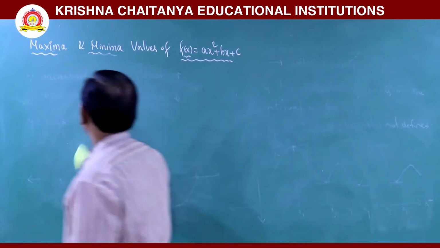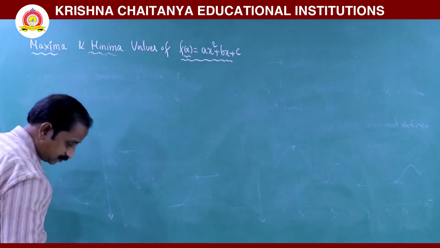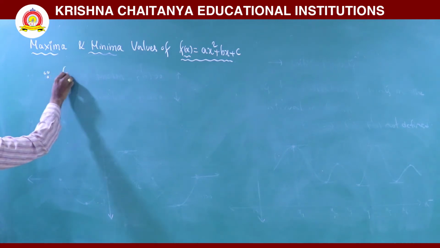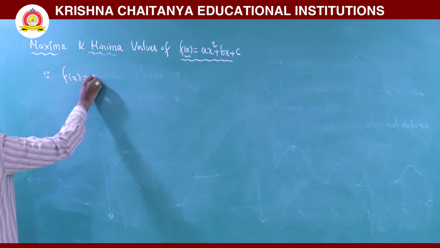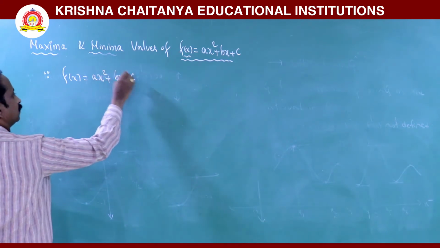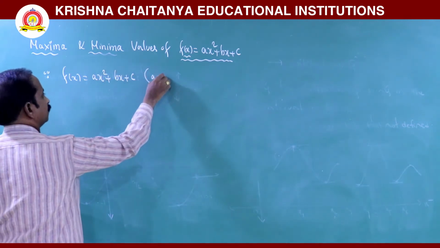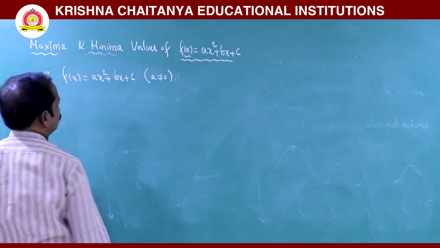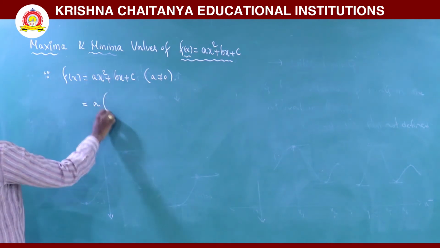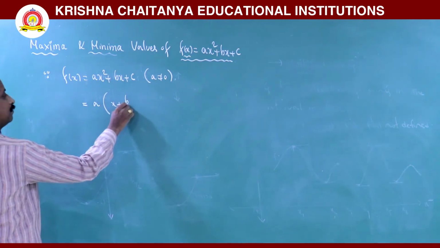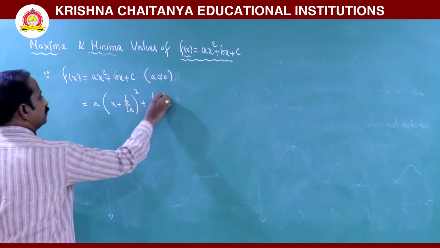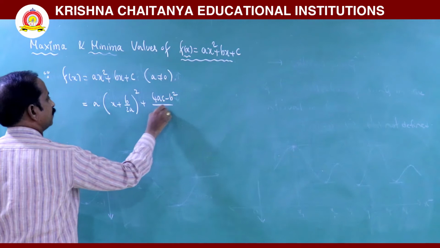Now we know that f of x is nothing but ax square plus bx plus c, where a is mandatorily not equal to 0. But ax square plus bx plus c can be written as a into x plus b by 2a whole square plus 4ac minus b square divided by 4a.